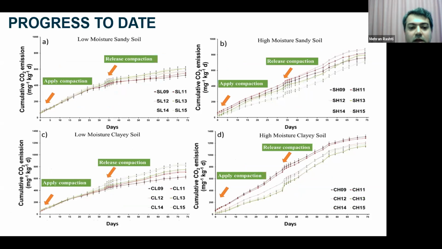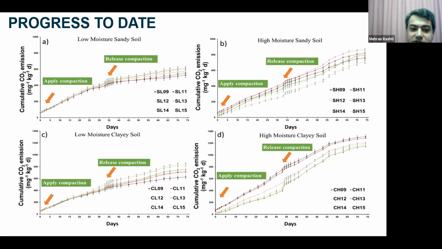Another example is when we measure the CO2 respiration, the same way as I explained to you. It's representative of microbial activities, but we refine it according to their body mass as well to find out if they're under stress or not. You see there is a significant difference between the clay soils and the sandy soils, and also between high moisture and low moisture conditions.